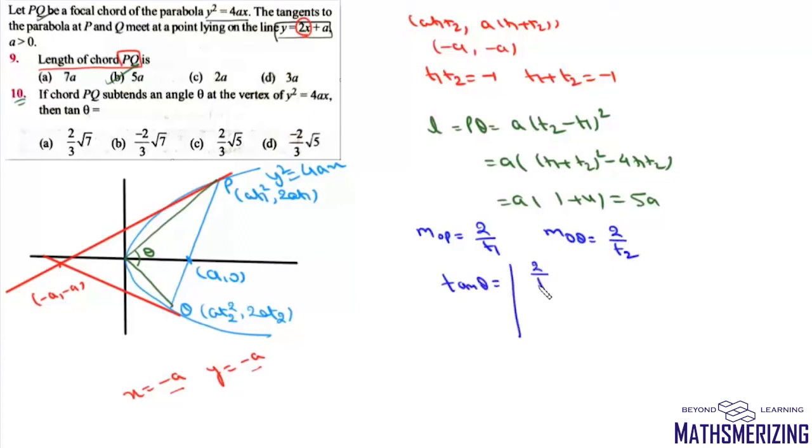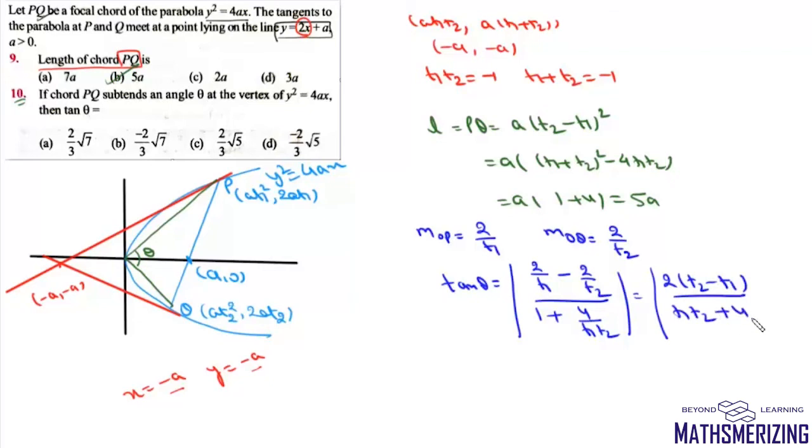Now 2 upon T1 minus 2 upon T2 upon 1 plus 4 upon T1 T2. So we can write this as 2 times T2 minus T1, and this is T1 T2 plus 4. Now we know that T2 minus T1 is under root 5. So we can write this as 2 root 5 upon T1 T2 plus 4, where T1 T2 is minus 1. So 2 root 5 upon 3.